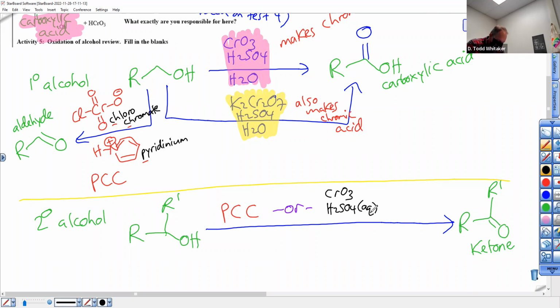CrO3, H2SO4, aq is water. Or if you choose this set of chemicals, K2Cr2O7, H2SO4 aq. No matter which set of those 3 you choose, you're going to get a ketone.